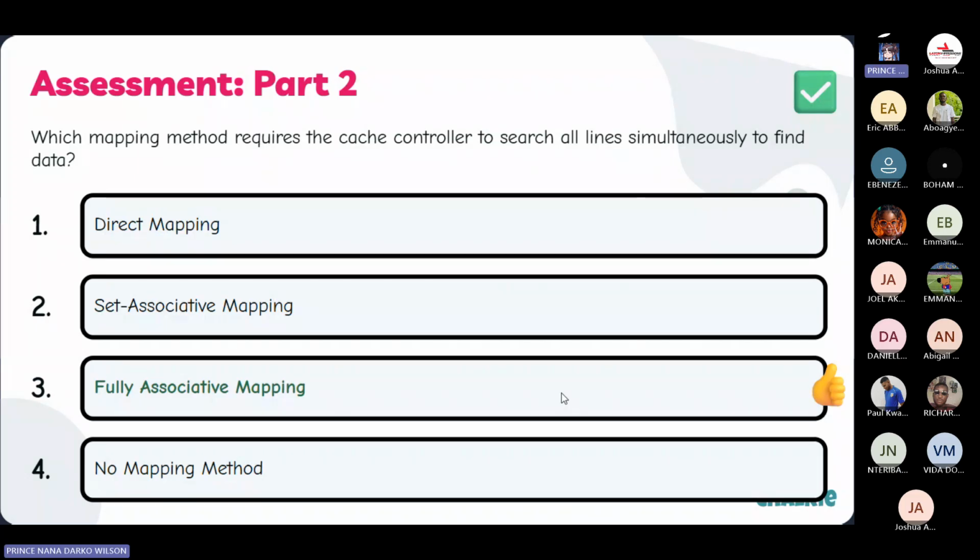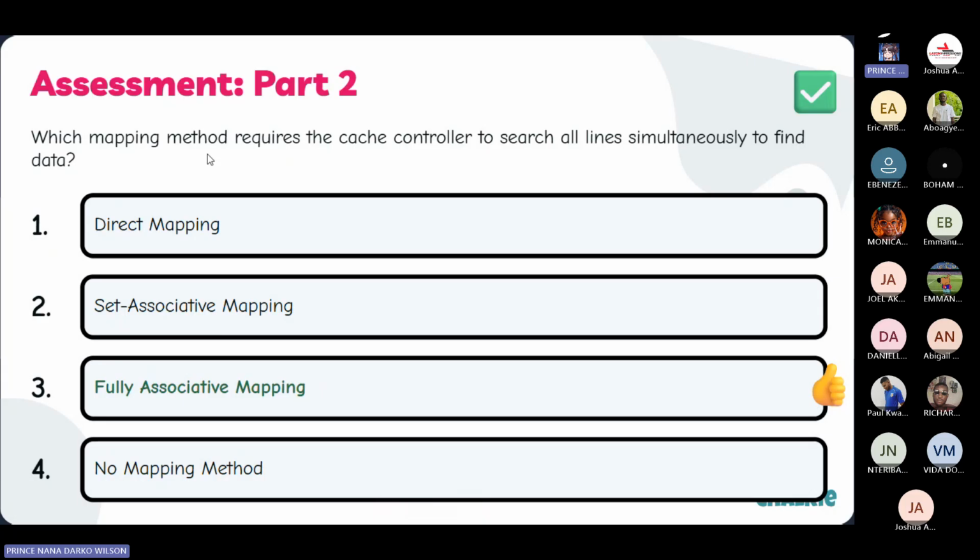Now, what happens in set associative? Think back again to what I just said concerning the cache lines, but this time, look at this line as a set that is holding 1 cache space, 2 cache spaces, about 3. Think of this as a set that holds 3 different cache spaces, and this one also has a set that holds 3 different cache spaces. Now, let's say a data value is coming here. That data value has been assigned a particular cache set.